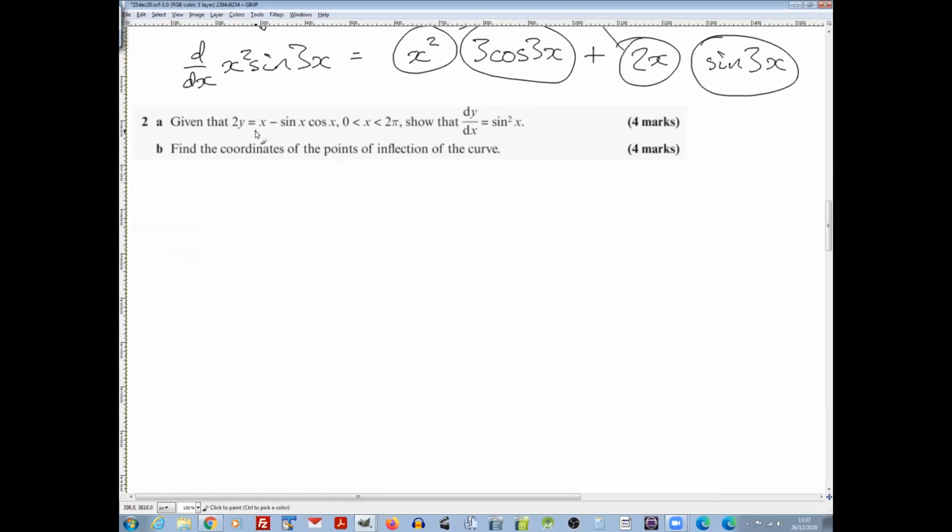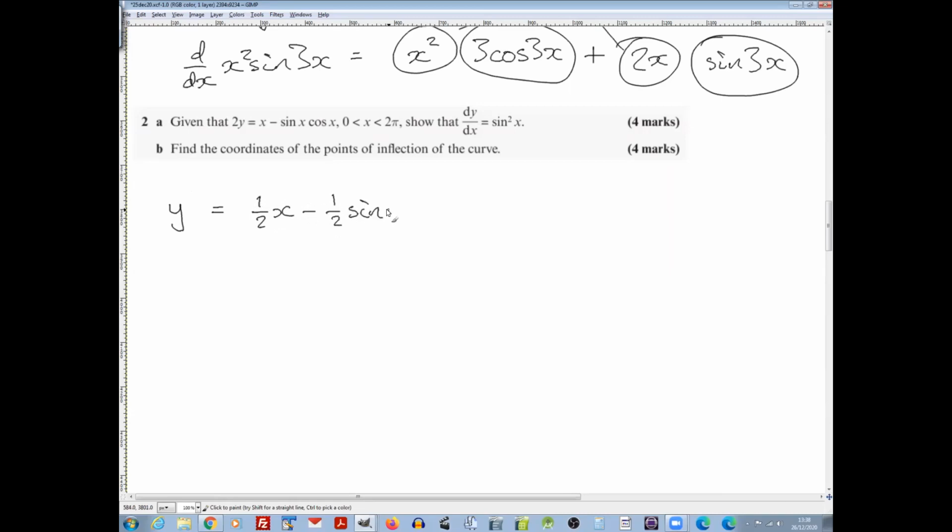So if 2y equals x minus sine x cos x, I suggest what we ought to do is say y equals what? All of that over 2. Personally, I would rather multiply through by a half.